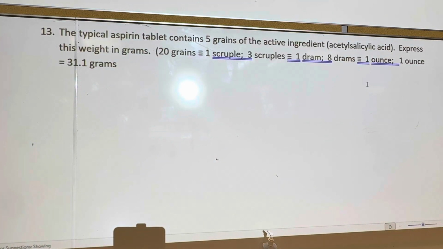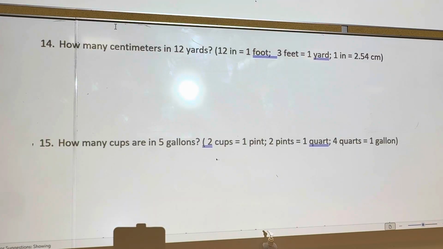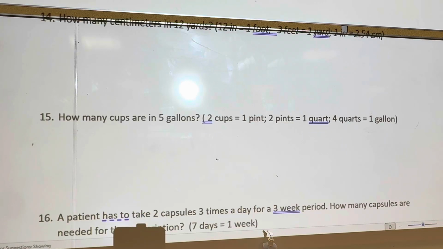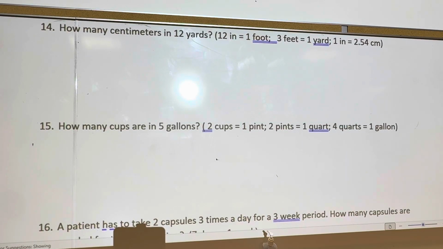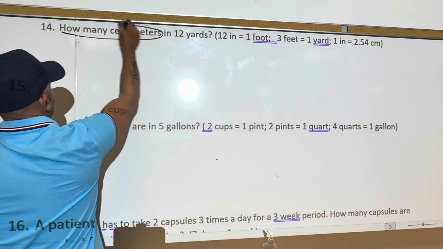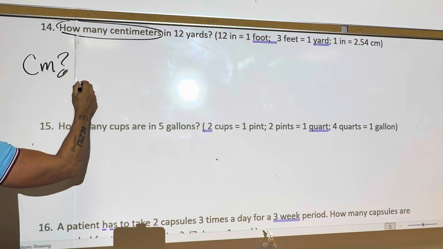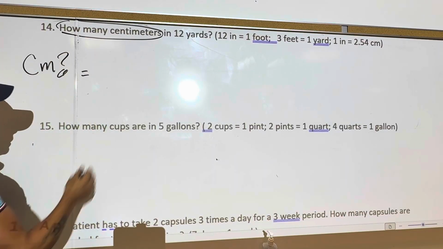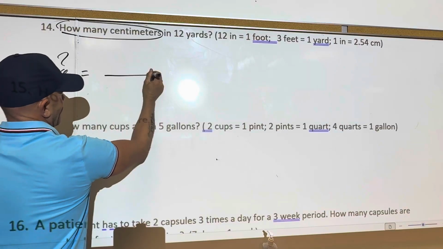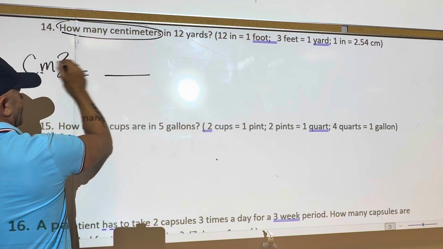Next question. Okay. How many centimeters? Well, there's our question. How many centimeters? Centimeters, right here. Start our equation. First line is going to be what? What's going here?